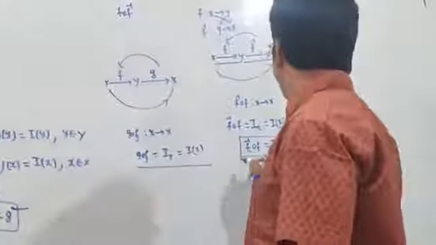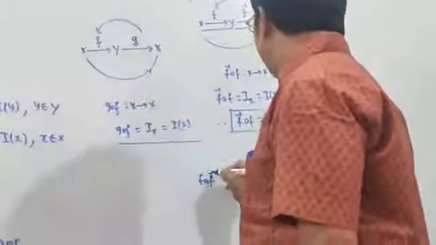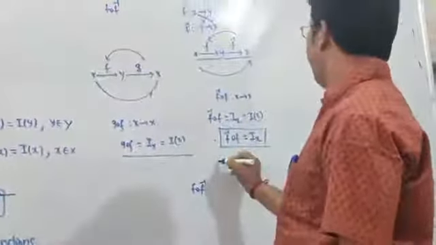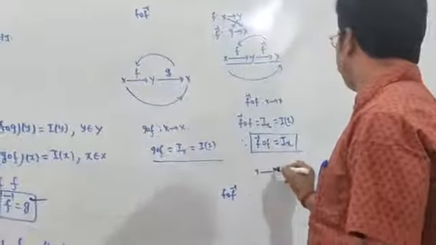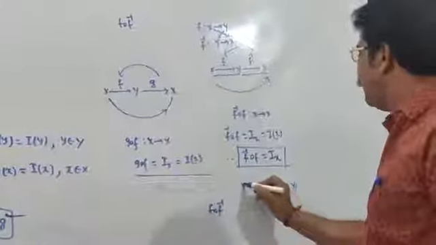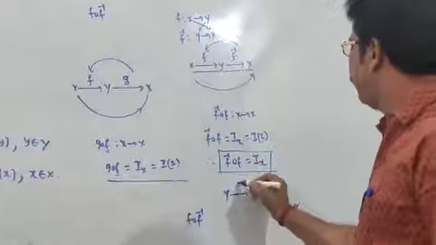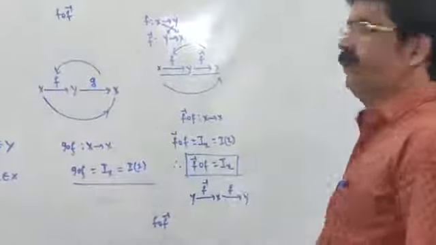Similarly, for f inverse we are finding f circle f inverse. Here f inverse is Y to X. Next, X to Y is f.